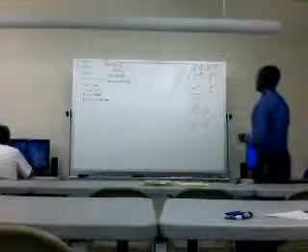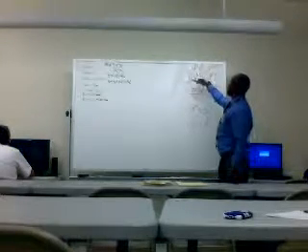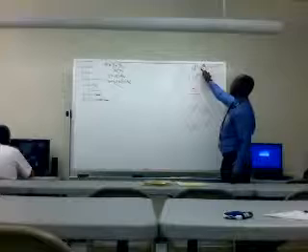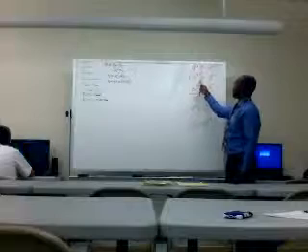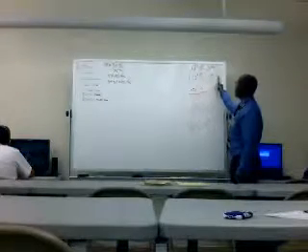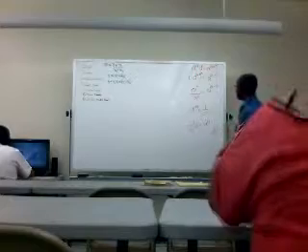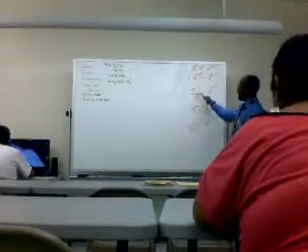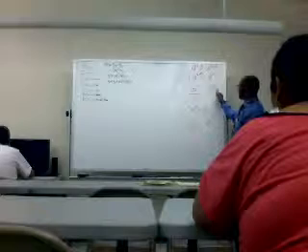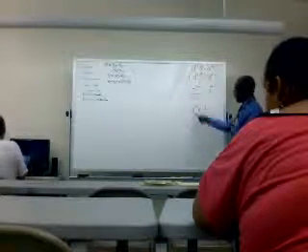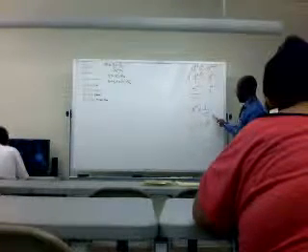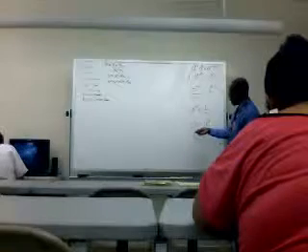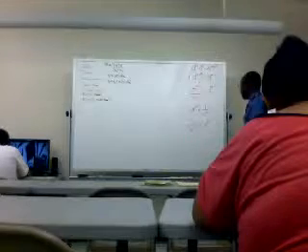Essentially, if I have two numbers or variables with the same base and different exponents, and I'm multiplying them, I can add the exponents. If I have something raised to a power and I raise that to a power, I multiply the exponents. If I have a base raised to a power divided by that same base raised to a different power, I subtract the exponents. A base raised to a negative power, we can move to the denominator and make it positive. Same thing here, if we have a base raised to a negative power in the denominator, we can move it to the numerator and make it positive.